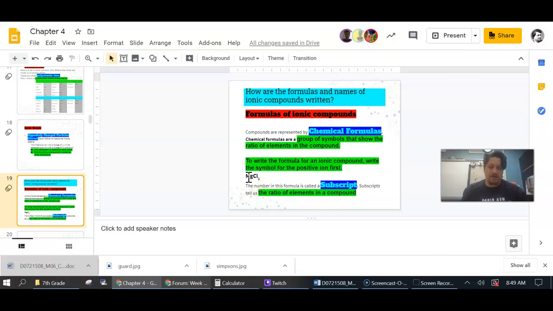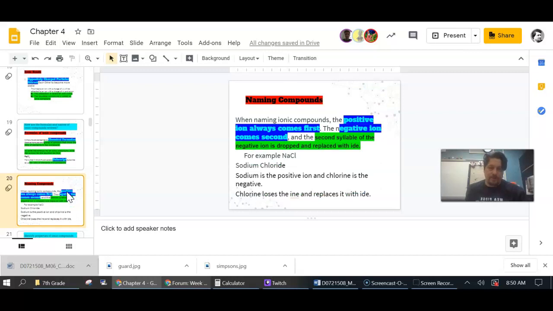Please remember that. The subscript, which we worked with a little bit, is the ratio of elements. So H2O, 2 hydrogen. MgCl2, 2 chlorine. Subscript is how many atoms. The superscript we were working on before is the charge of those.